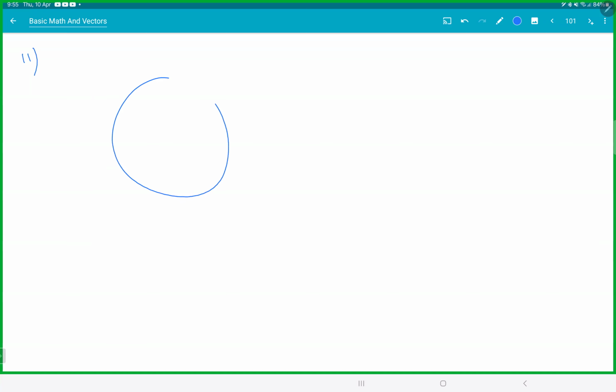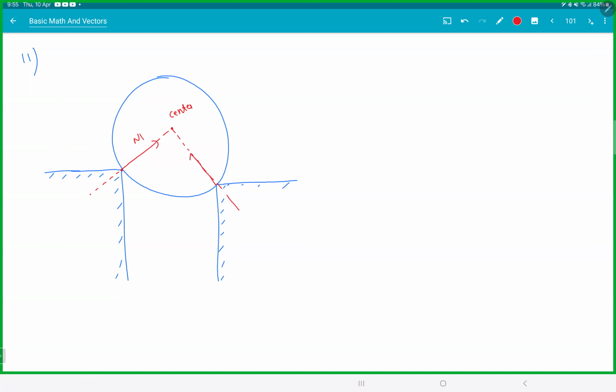Next one. Let's say we have a sphere here, like this. So we have two tables, and this sphere is stuck between the two tables like this. This table is pushing with N1. This is the center. This table is pushing this way with N2.